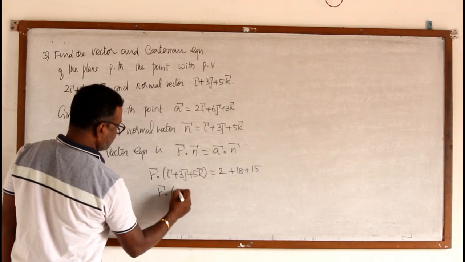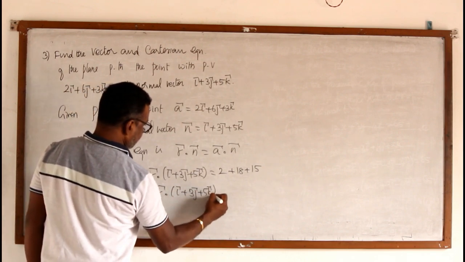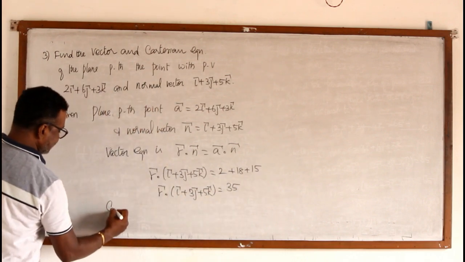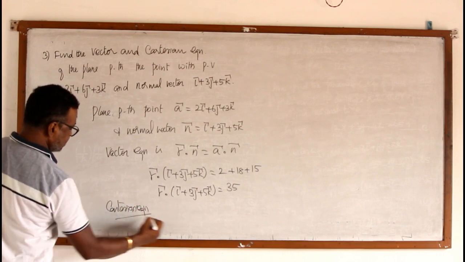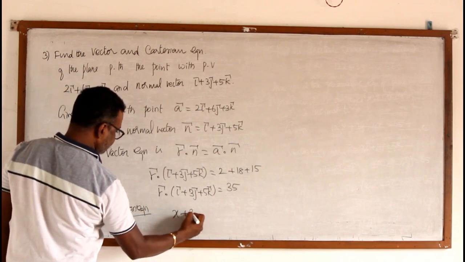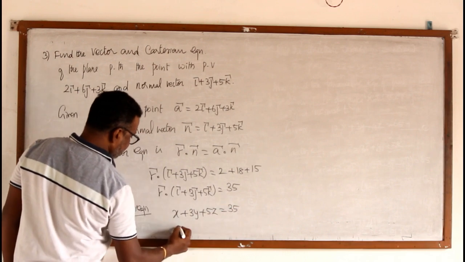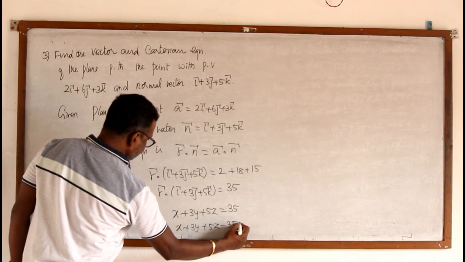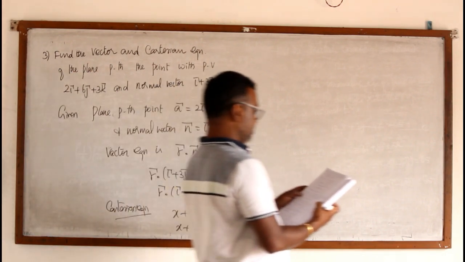Then r dot (i + 3j + 5k) equal to 35. Now the Cartesian equation: instead of ijk put xyz, then x + 3y + 5z equal to 35, that is x + 3y + 5z - 35 equal to 0. This is the Cartesian equation.